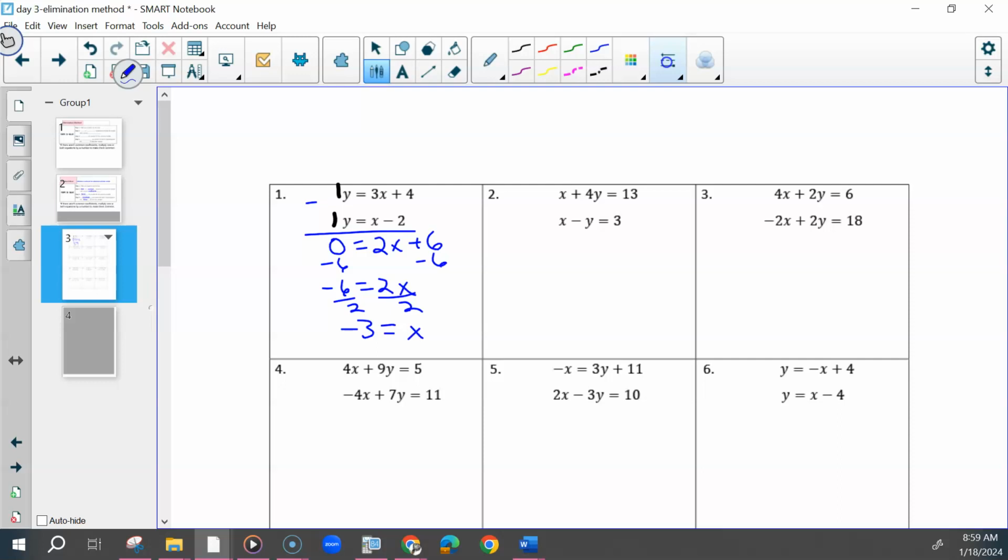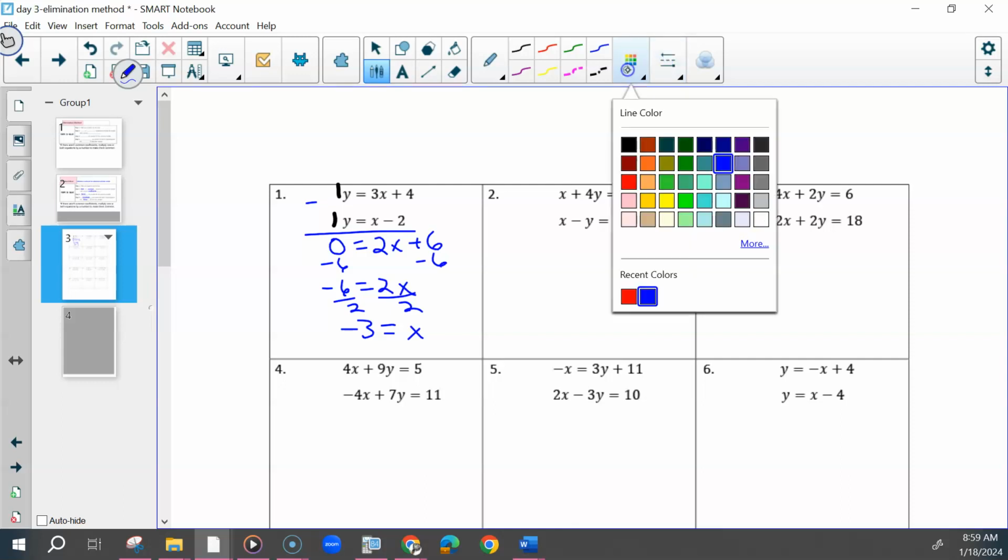Just like with substitution, because it is a system, x isn't our end answer. We need an x and a y to make it an ordered pair. So we're going to take that negative 3 and put it into one of the equations. It does not matter which one. And find y. So I'm going to do the second one.